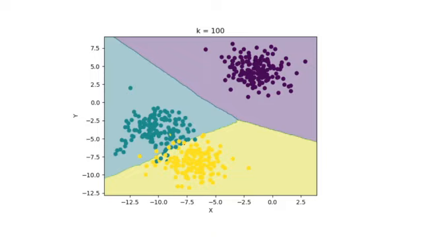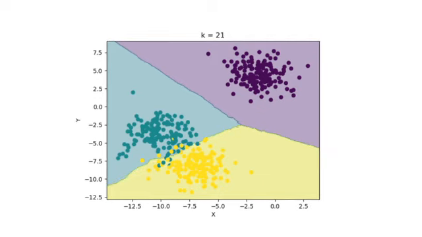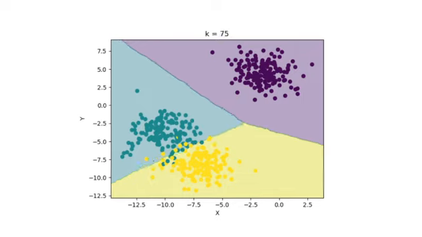For k equals 100, it's almost a straight line. For k equals 75, and for 21, it wasn't really very straight, but it was smoother than 1 or 3 or 5.